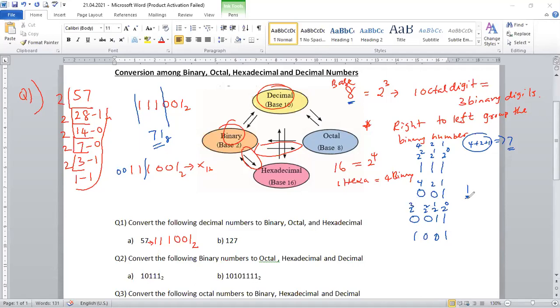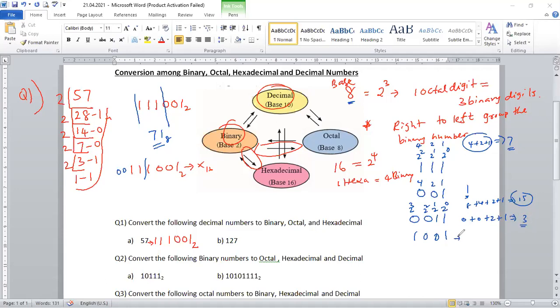What is the maximum? It can be 8 plus 4 plus 2 plus 1, so the maximum will be 15. But here you are having the values 0, 0, 1, 1. So 8 into 0, 4 into 0, 2 into 1, 1 into 1, so this will be 3.